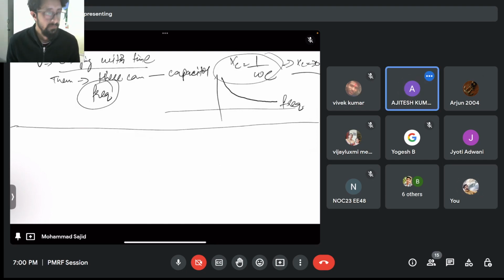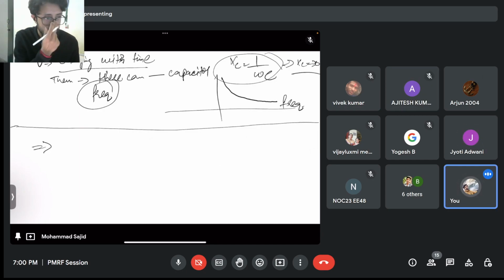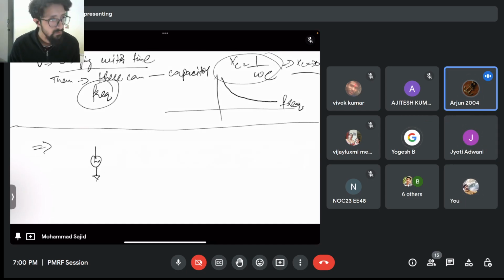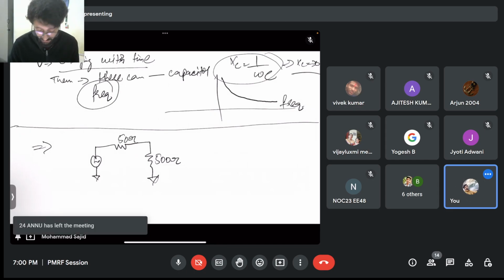Should I draw the AC equivalent circuit, then you can follow in your places? Capacitor will act as a short, and you can draw it as a 500 ohm. You have 50 ohm here. Please pardon my handwriting, it's not very good.